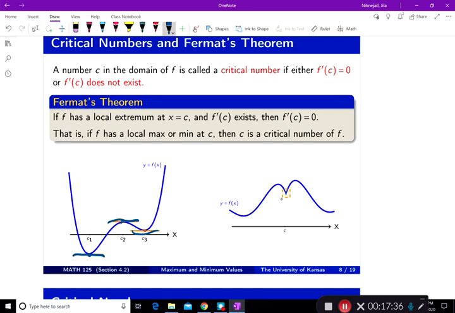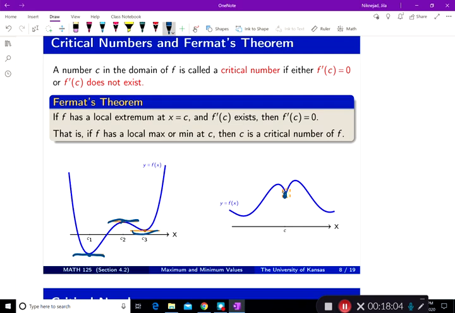But over here, I see this is a local minimum, but I can tell there's a cusp over here, so f prime does not exist. So f can have a local minimum or local maximum, and f prime can be either 0 or does not exist.